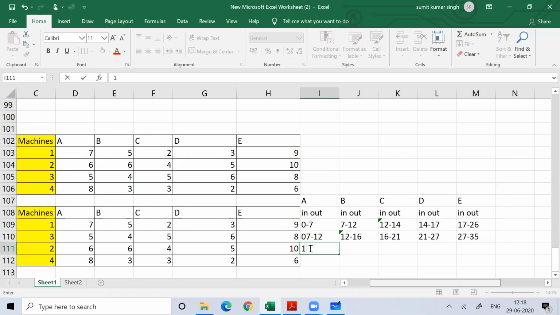So start from 12 here, and 12 plus 6, 18. Then it would be 18.